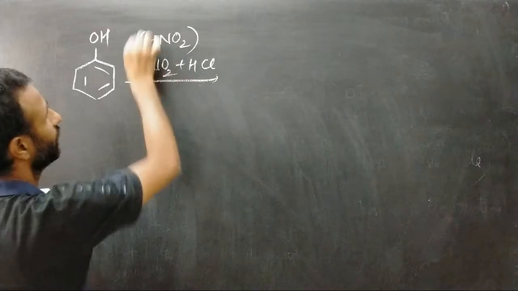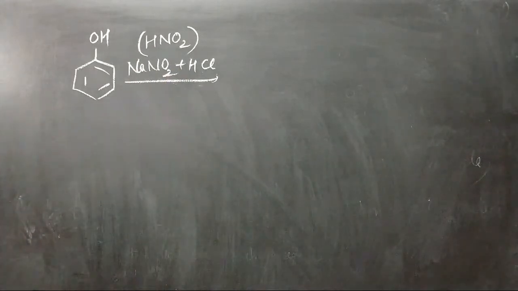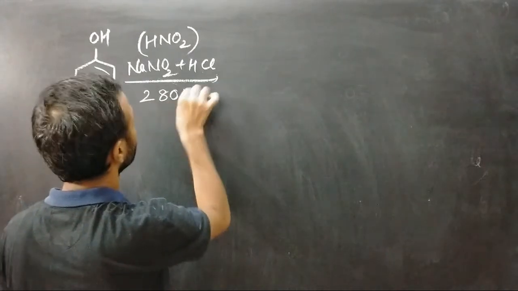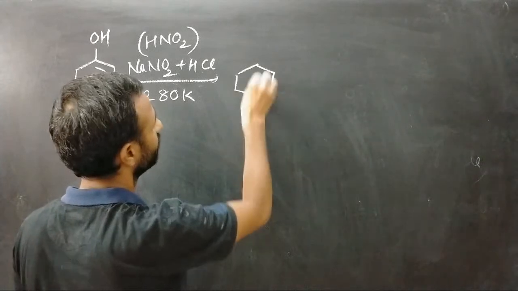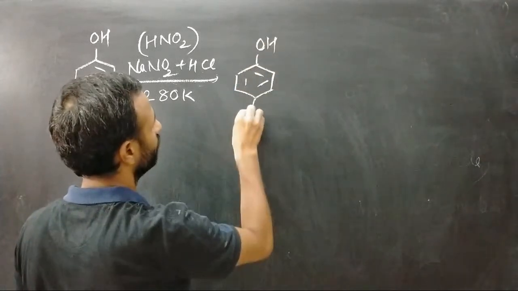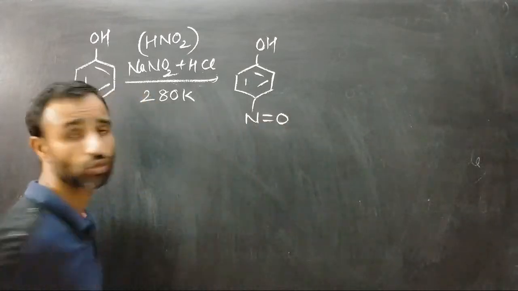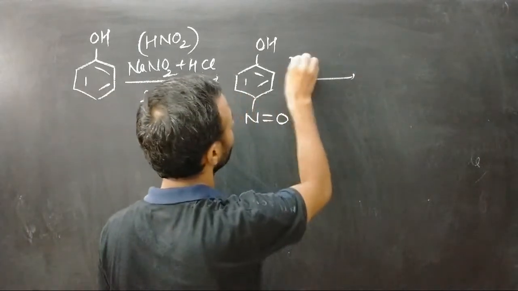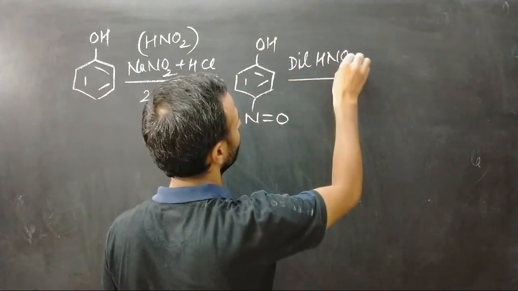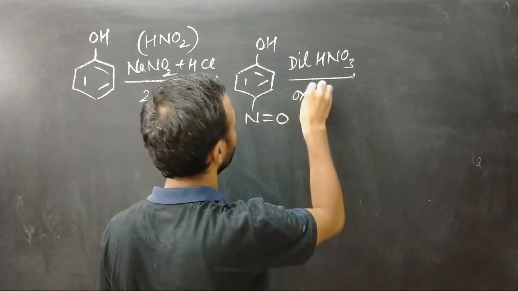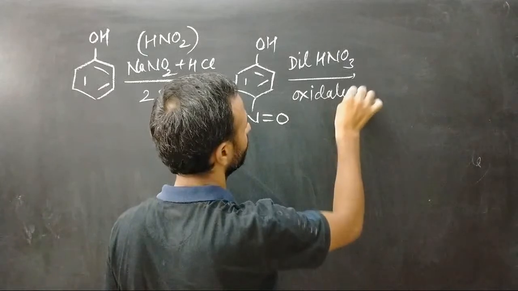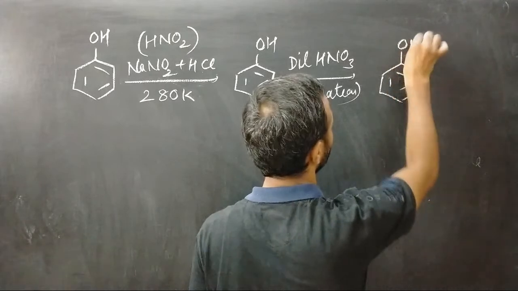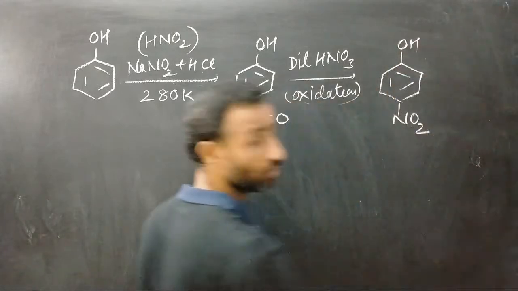By using this mixture we get HNO2, at around 280 Kelvin. Then when treated with dilute HNO3, it undergoes oxidation and we get the desired product, that is para-nitrophenol.